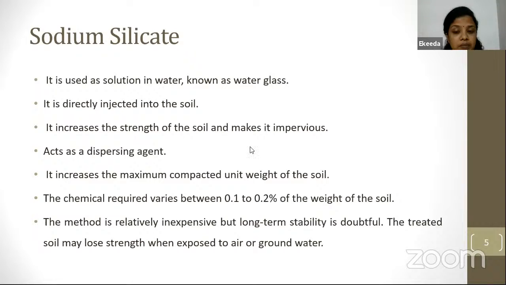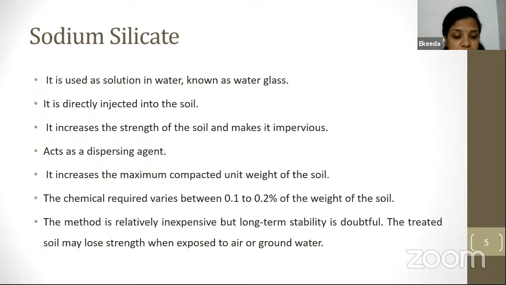What does permeability or impervious mean? The ability of the soil particles to transmit water is called permeability. That property of the soil can be altered by adding sodium silicate to the soil. That is, it becomes impervious, meaning it resists the movement of water through it.